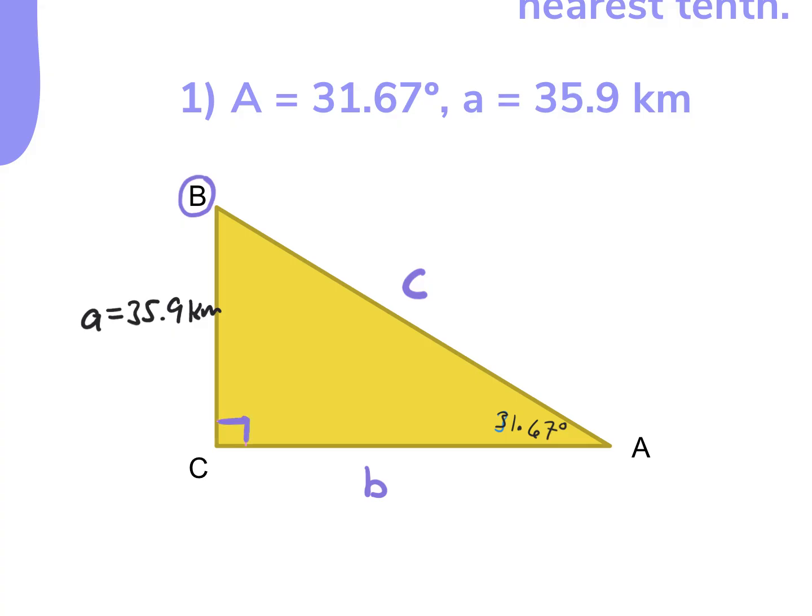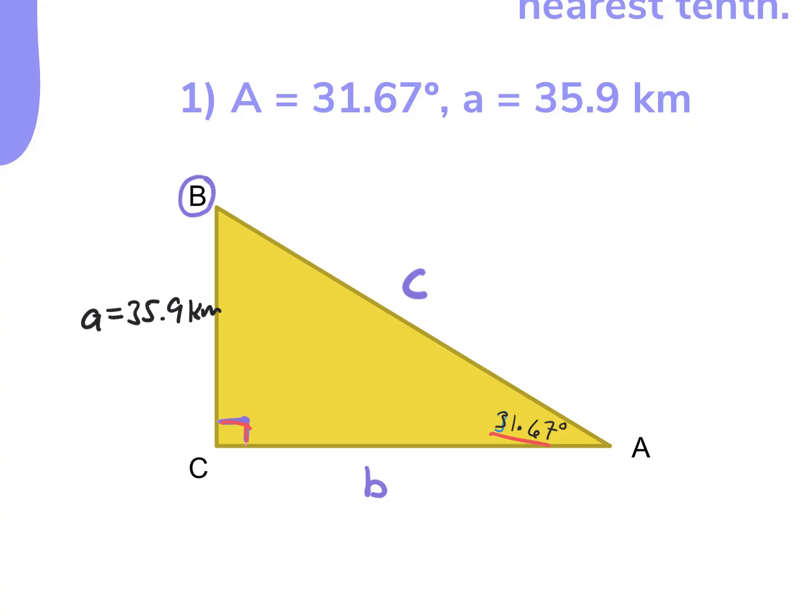All right. What's one piece of information that seems pretty easy to find? Angle B, right? How are we going to find angle B? Okay, so we're going to subtract this angle and the 90-degree angle from 180, right? Remember, every triangle, all the interior angles add up to 180.